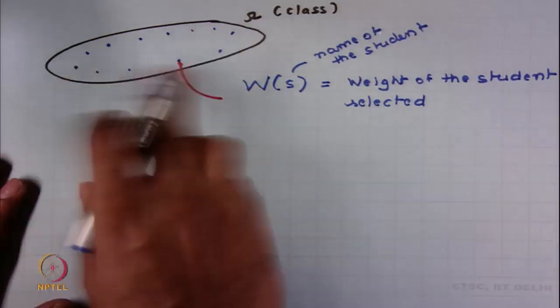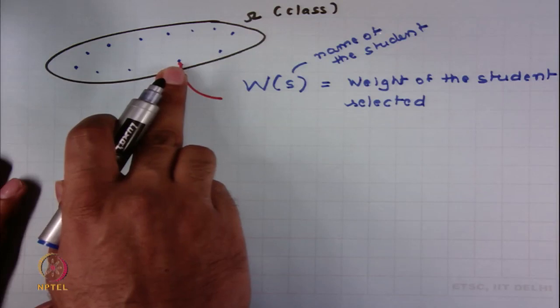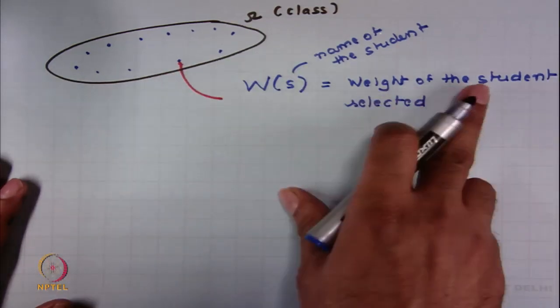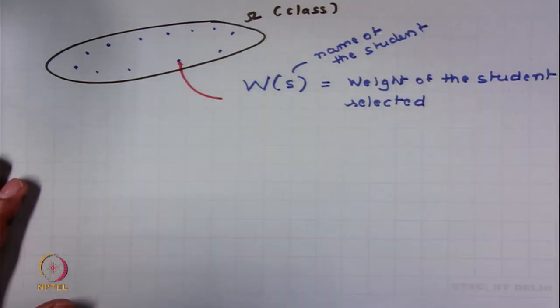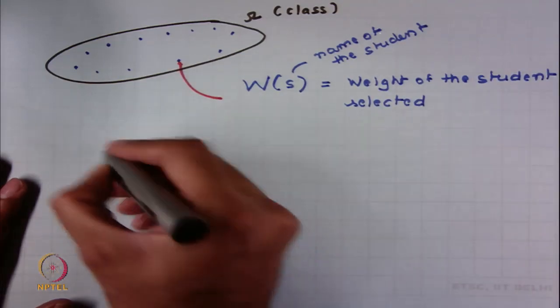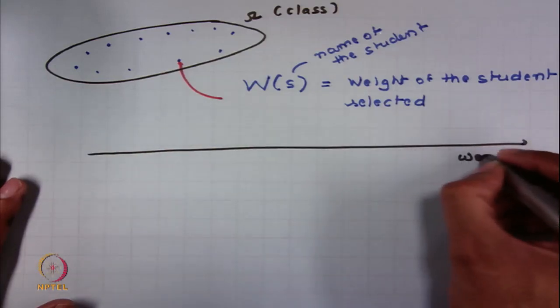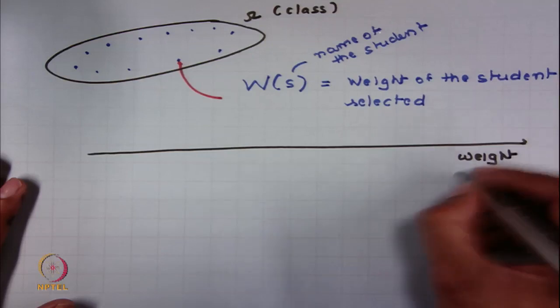I could have selected any student, but randomly I have selected this student and then I pass the name of this student to this function, which returns the weight of the student, and I draw this on a real line. On this I have weight in kilograms.